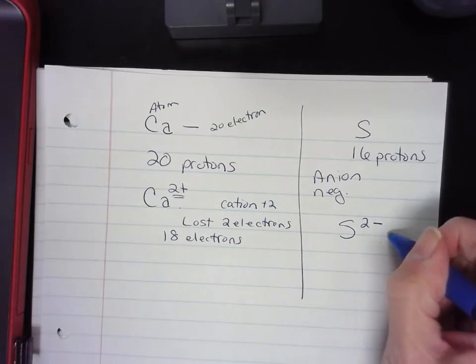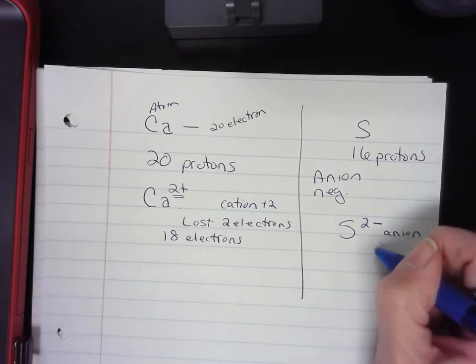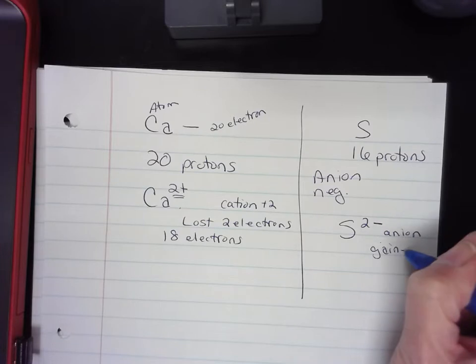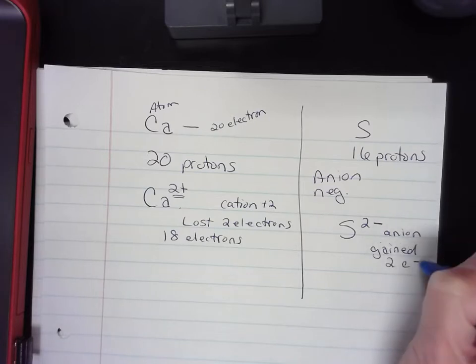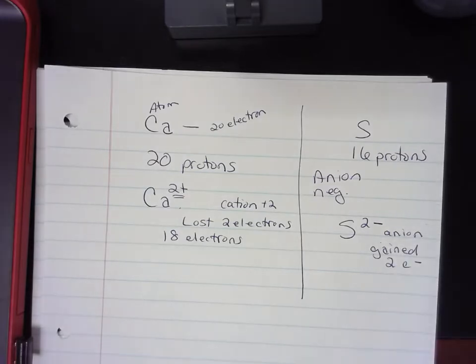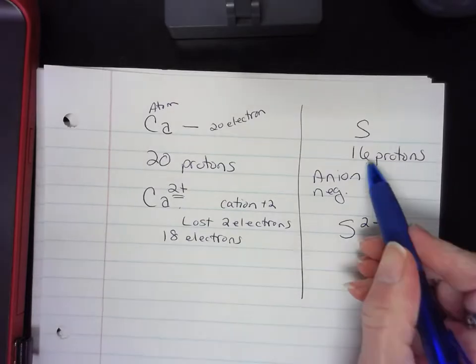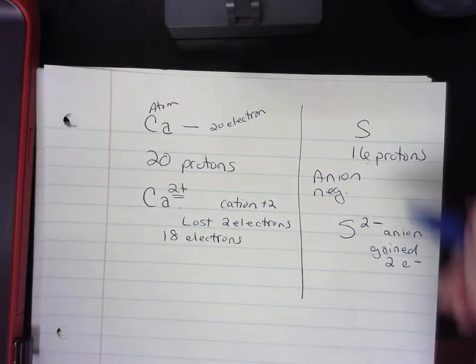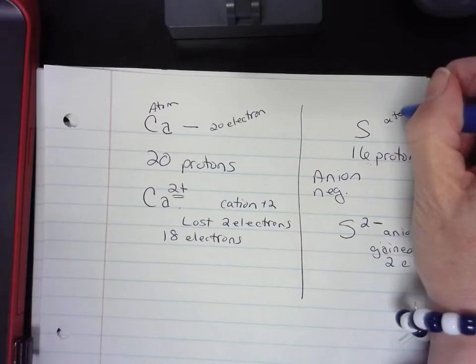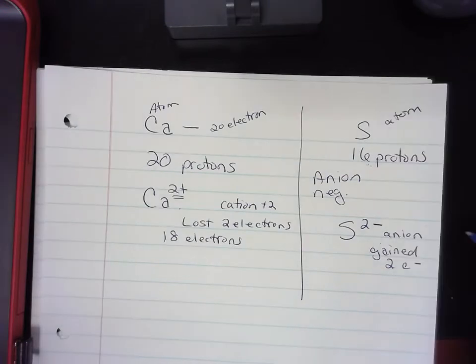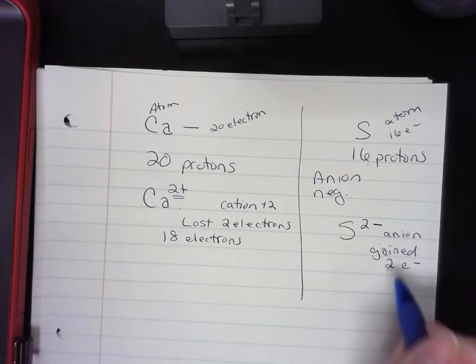It has gained 2 electrons. So it no longer has 16 like this. When it is an atom, when it's neutrally charged, it also has 16 electrons. But this no longer has 16 electrons. It's gained 2. So it has 18 electrons.